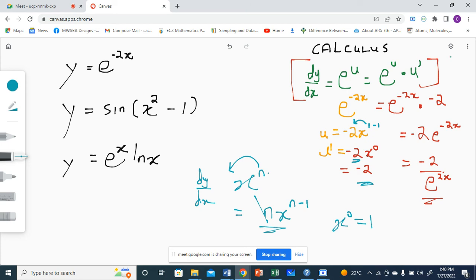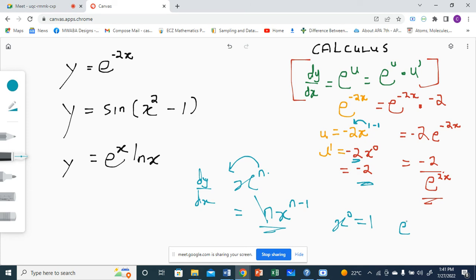After that, you just rearrange your answer. It's negative 2e to the power negative 2x. Then remember, whenever you have a negative exponent, you take its reciprocal. Meaning this e will come down to the denominator.